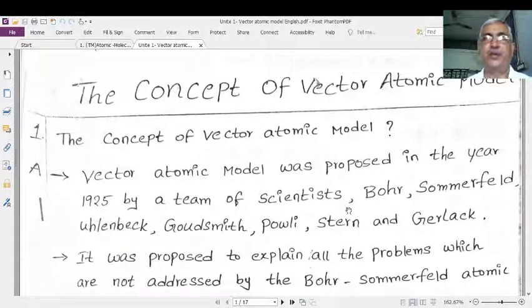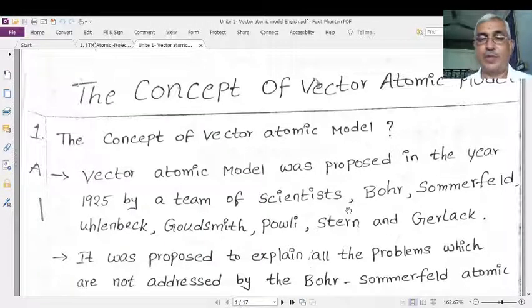And in his third postulate, he said that when an electron transits from one orbit to another orbit, only then will it either gain or lose energy, and that phenomenon will give the spectrum of that atom. And this is the first successful atomic model.